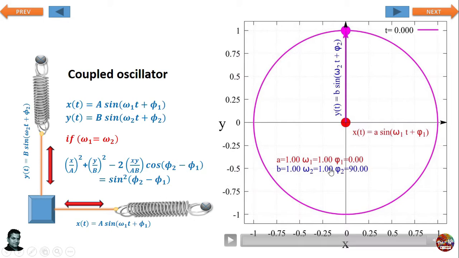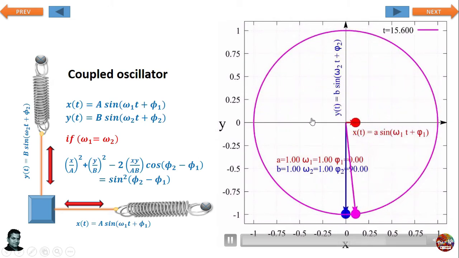Now on the left side here we have shown the movement of this mass under the influence of these two coupled oscillators. In this case, what you see is this red circle is moving on the horizontal axis and this blue circle is moving on the vertical axis.